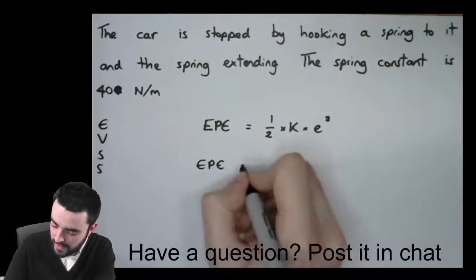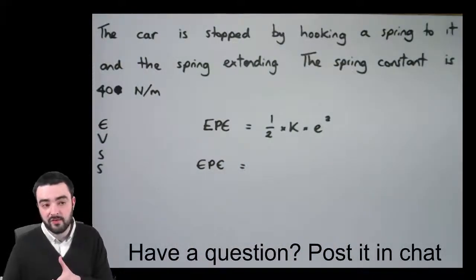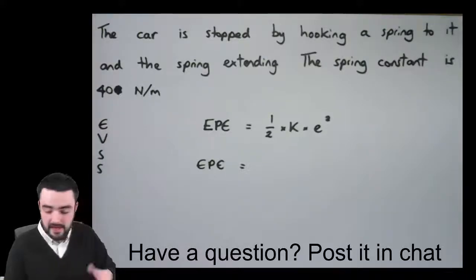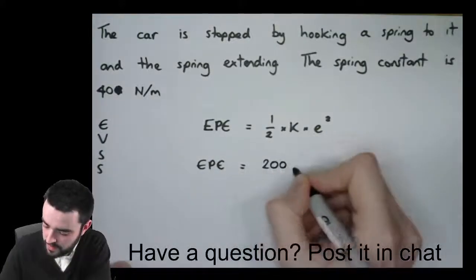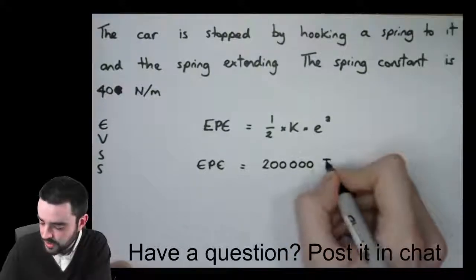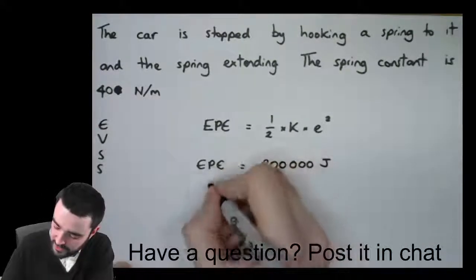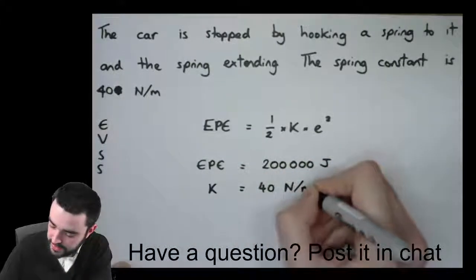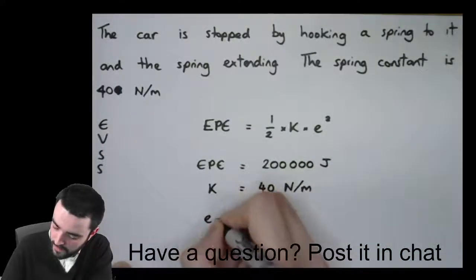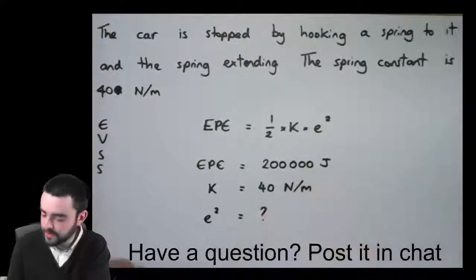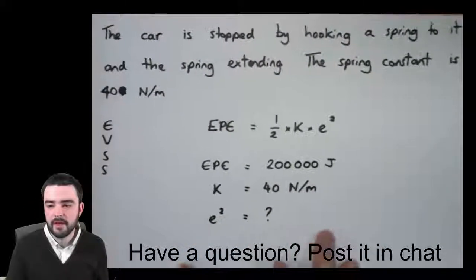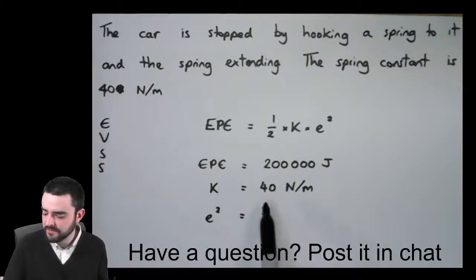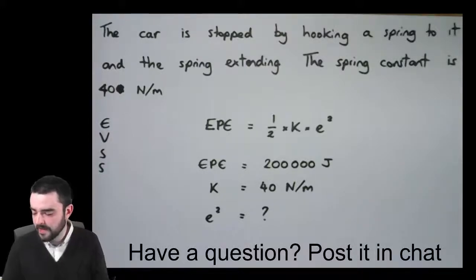EPE, well, that's going to be all the energy that went to KE, which is all the energy that came from GPE, so that will be 200,000 joules. What's the spring constant? Well, they've told us the spring constant is 40 newtons per meter. What's e squared? Well, we don't know.